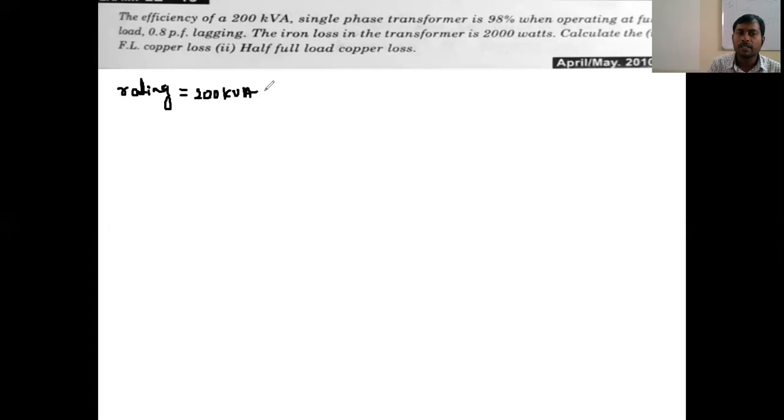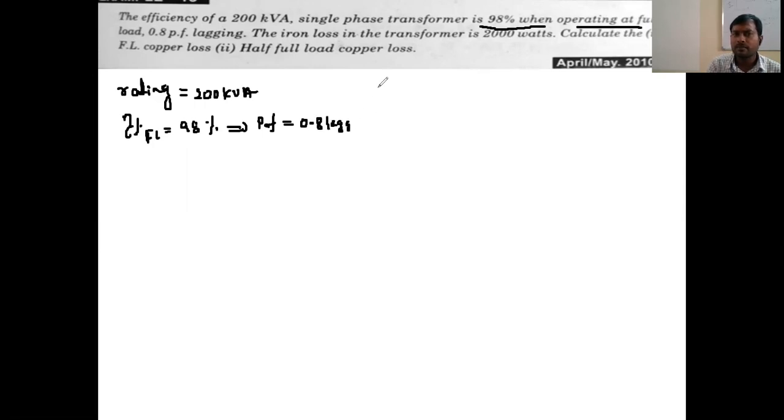Efficiency at full load is equal to 98%, operating at full load. And at this condition, the power factor is equal to 0.8.